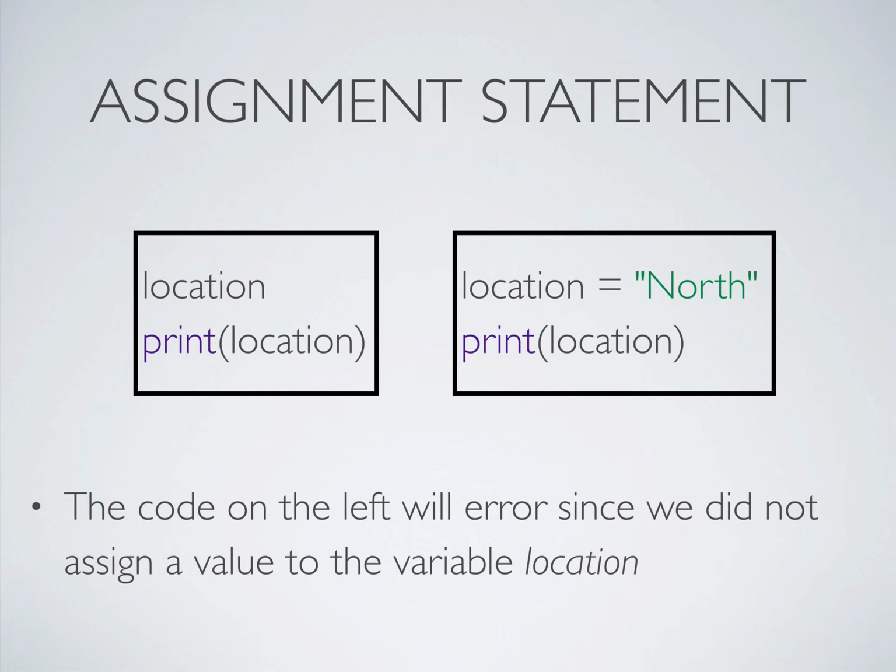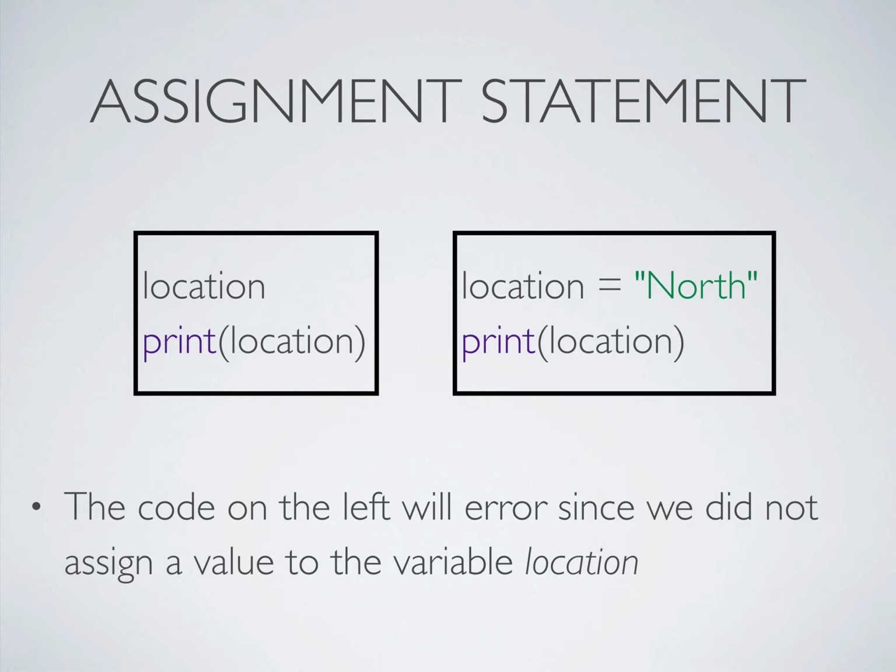Now, the code on the left-hand side, where it just says location, print location, is actually going to error. That will give us an error message because we didn't actually give location a value, right? So again, the rule is with variables, when you make a variable, you have to give it a value right away. Otherwise, you're going to run into error messages. So the code on the right-hand side, that's awesome.